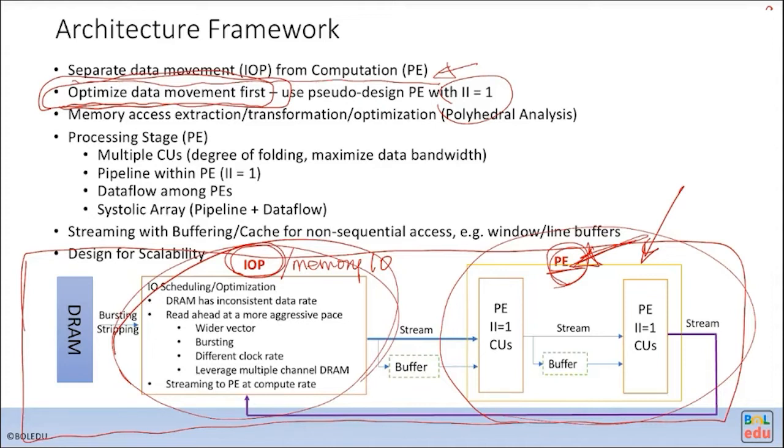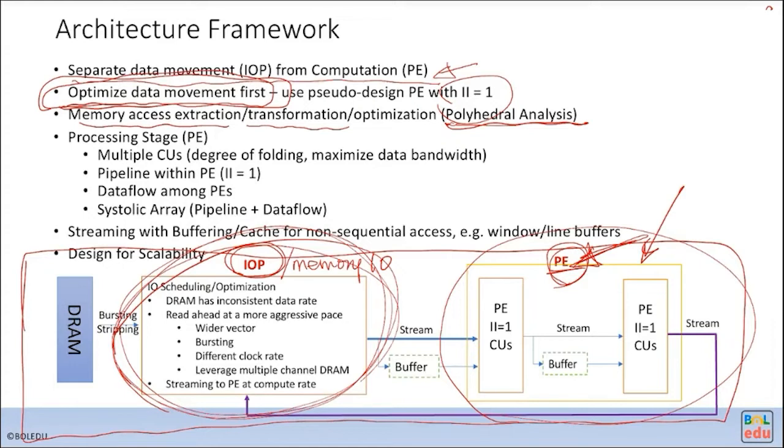For optimizing the memory bandwidth, the technique you apply is to analyze the memory access pattern. You can apply the polyhedral analysis to extract the memory access pattern, and then do the access transformation. I will talk about the techniques in today's lecture.